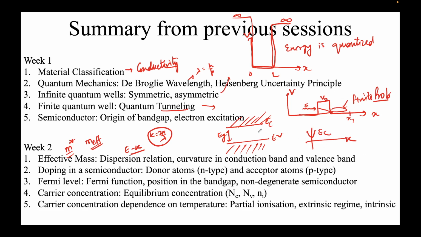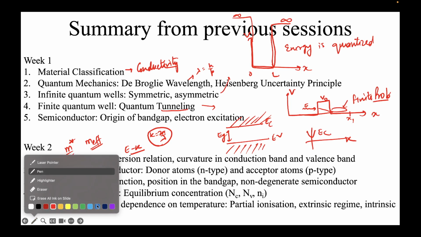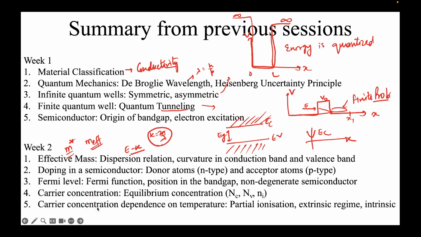Closely linked to that, we drew Fermi levels. For a p type semiconductor, we saw something like this. This was EF, the Fermi level. The Fermi level is the level at which the probability of finding an electron is half. This Fermi function has its basis in quantum mechanics, and its position in the band gap, we saw, depends on the doping.